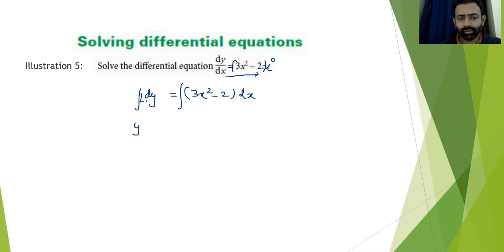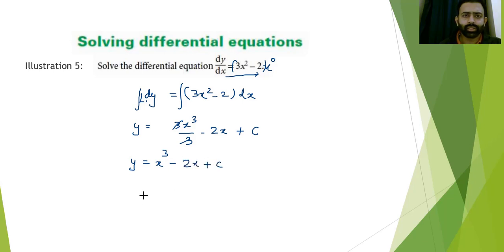I will get y is equal to 3x cubed over 3, because the RHS is integrated with respect to x, minus 2x, and there is always a constant of integration c. I can cancel this 3 with this 3, so the final equation is y is equal to x cubed minus 2x plus c. This is the solution of the differential equation.